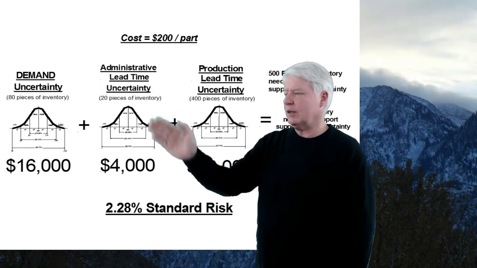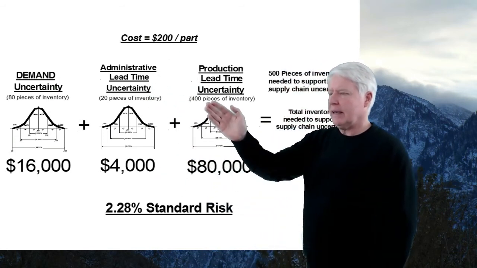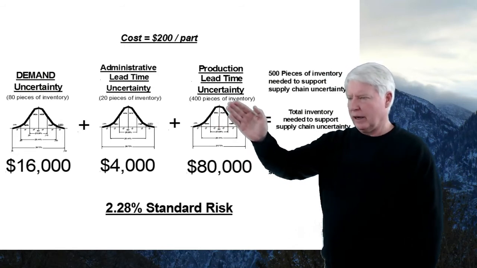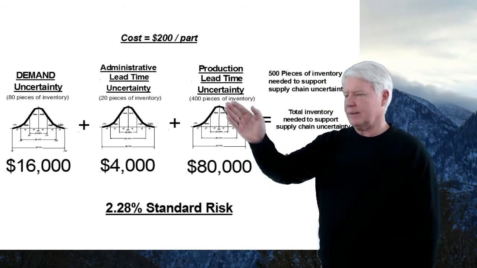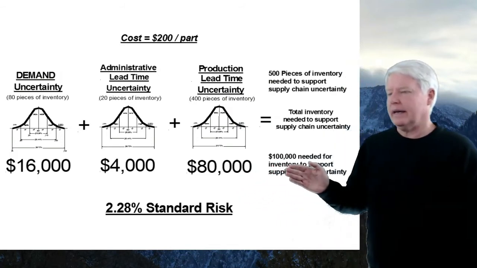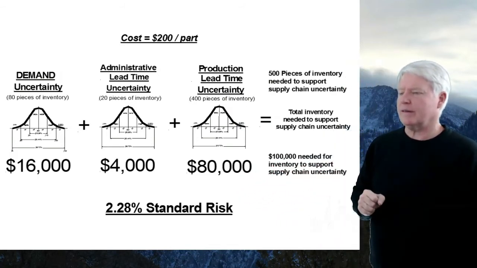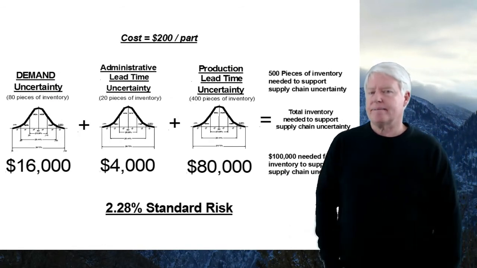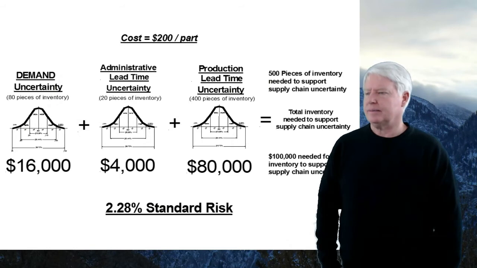So 20 times 200 gives me 4,000. And this one is the big one, 400 pieces of inventory times 200 gives me $80,000. I add that all up, and it costs $100,000 worth of inventory to support my uncertainty needs.